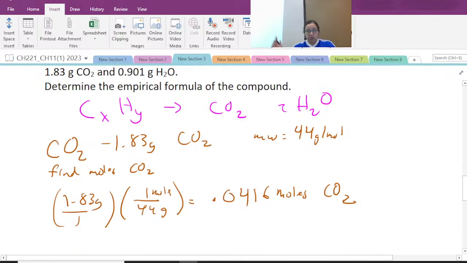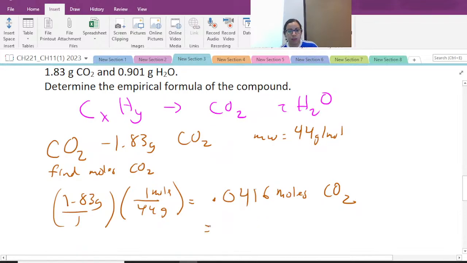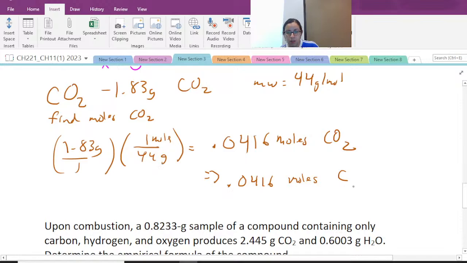And so just like we did with the aspirin, we can look at our formula. For every 1 mole of CO2, there's 1 mole of carbon. And so that means that there is 0.0416 moles of carbon in our original reactant.